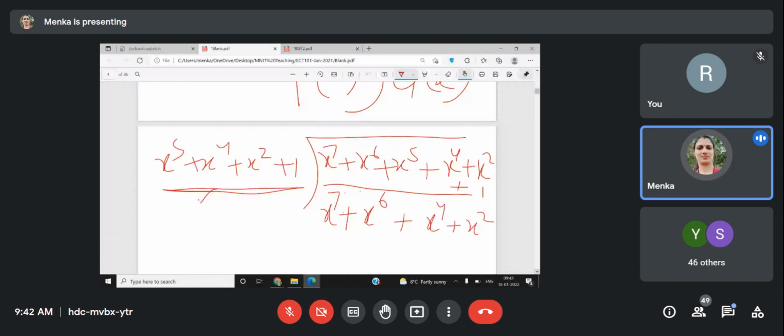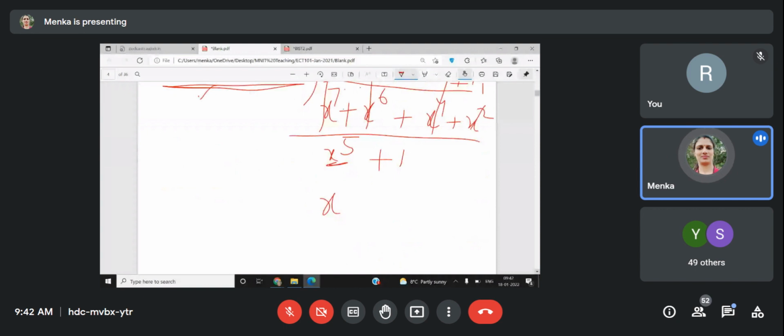When you subtract it from here, this x square times is getting cancelled. And you are left with x raised to power 5 plus 1. X raised to power 5 is remaining, so once it can go. So plus 1 we will be doing. So you are left with, putting plus 1 like this, x square plus 1.